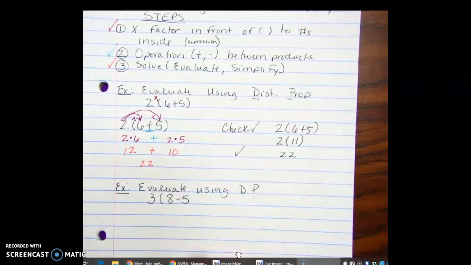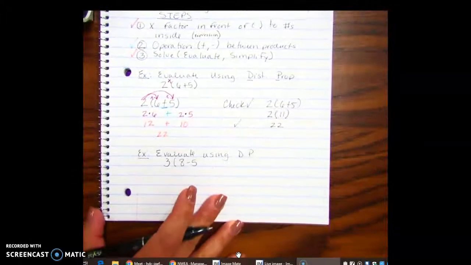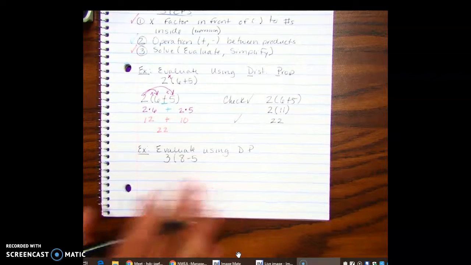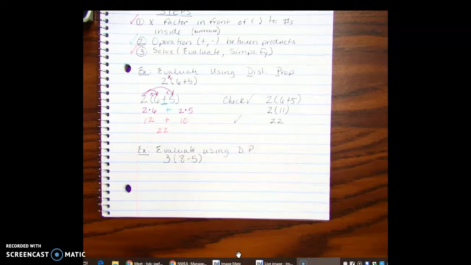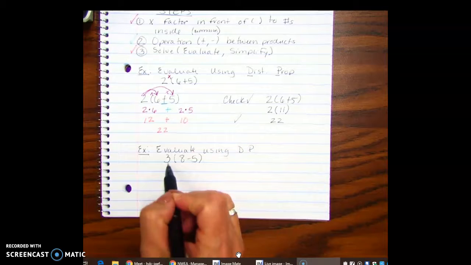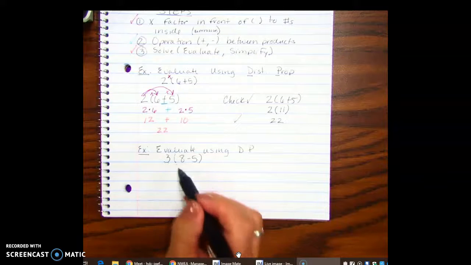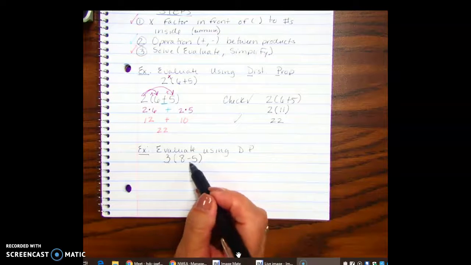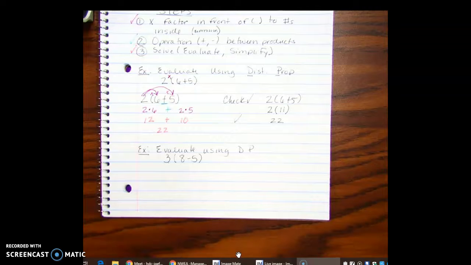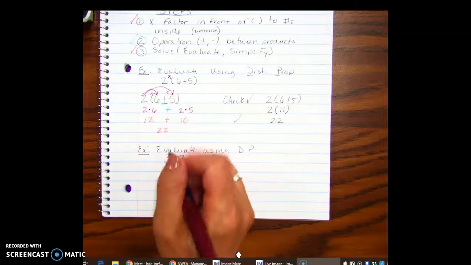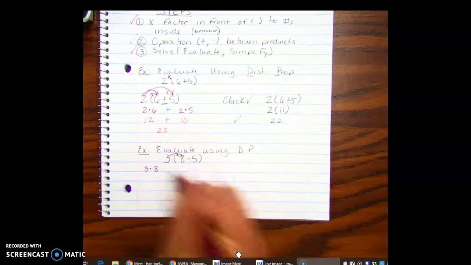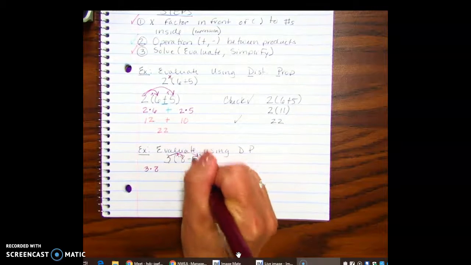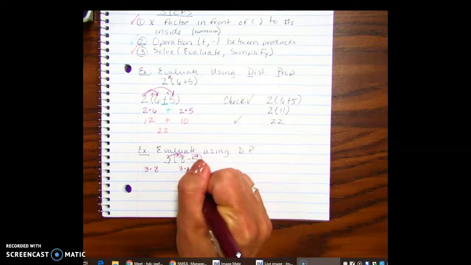I'm going to scroll out a little bit because I want to make sure we see those steps as we're working through this one here. Oh, I forgot to put my close parentheses. So step 1 is to multiply my factor across my numbers within my parentheses. So I can just take 3 times 8 and 3 times 5.